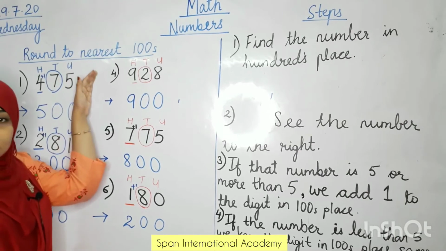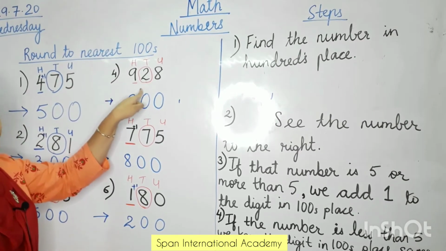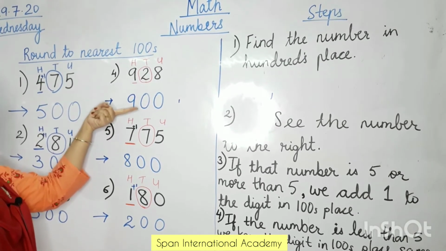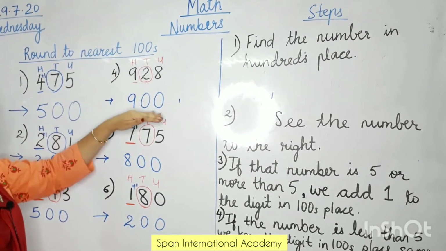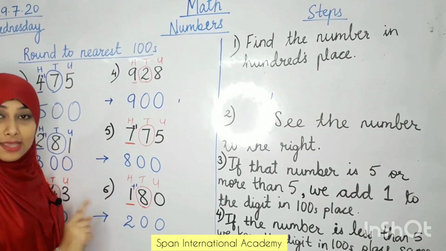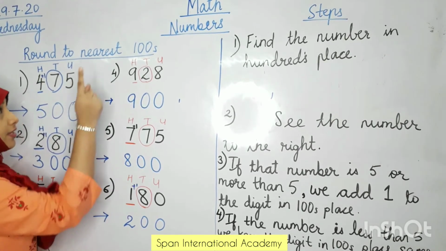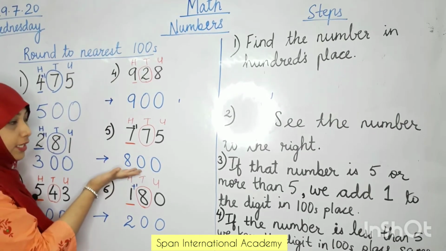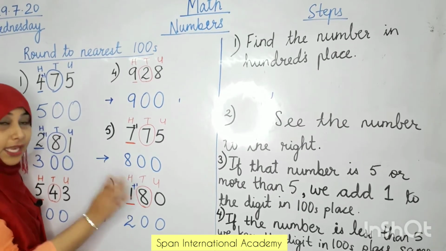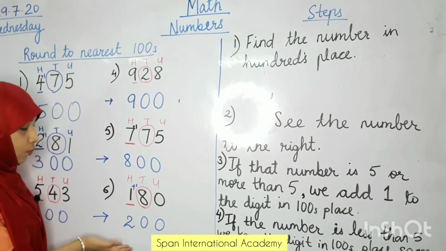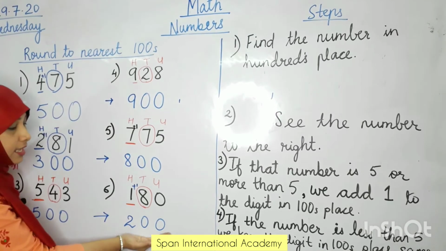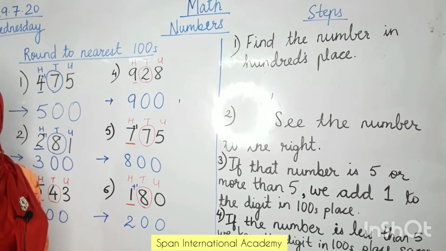Then our fourth example, 928: when we round 928, we get 900. Then 775: when we round 775 to the nearest hundreds, we get 800. And the sixth example was 180: when we round 180 to the nearest hundreds, we get the answer as 200. Okay, students?